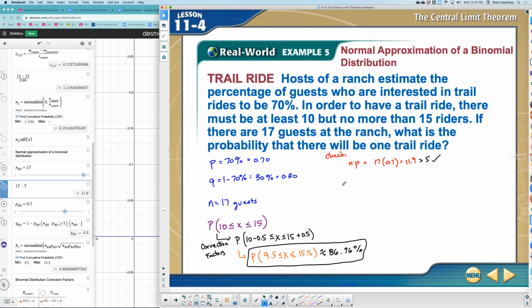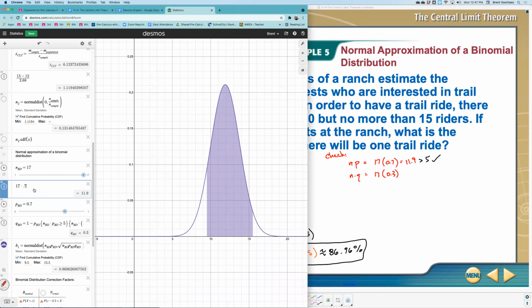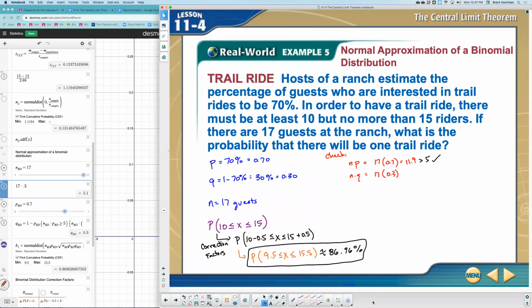You would also check n times q, which is going to be a smaller number. Let's see what 17 times 0.3 is. Oh, 5.1, barely made it.